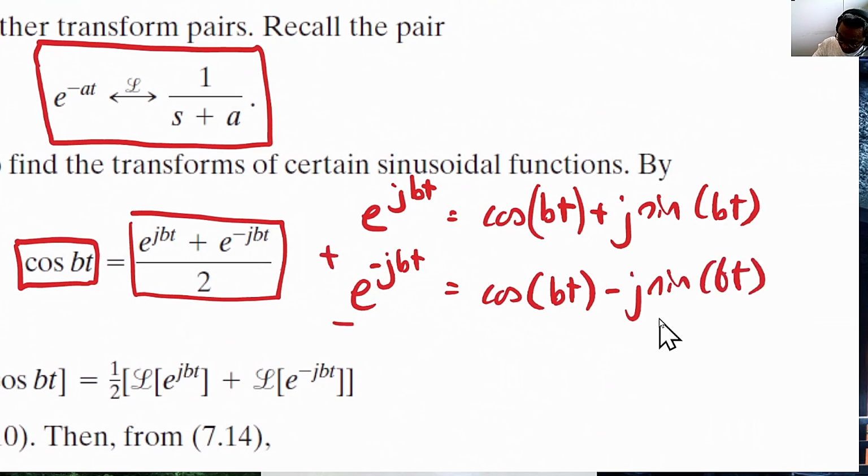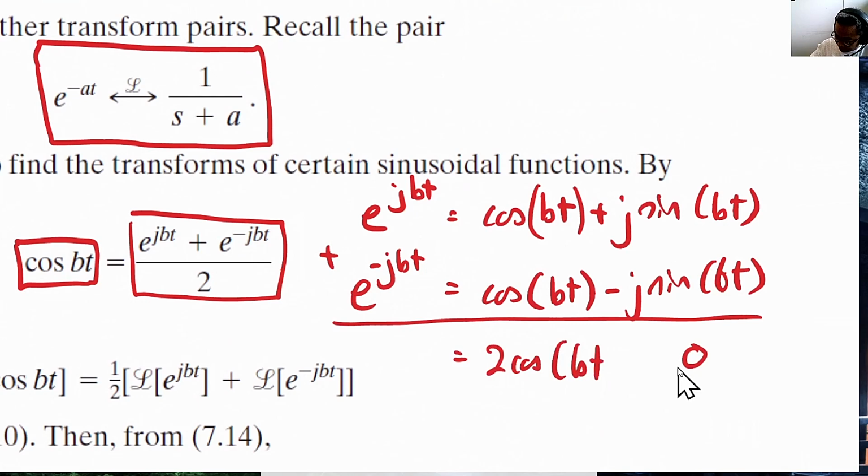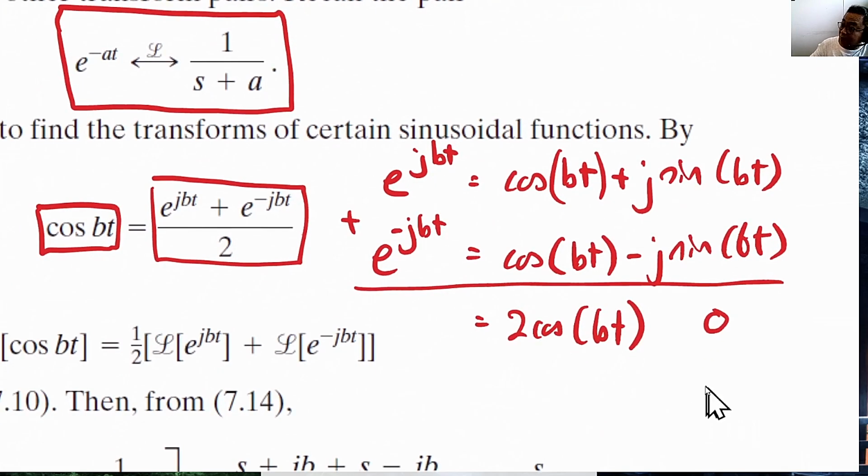When we add these two complex exponentials up, the imaginary part is 0, and we have 2 cosine bt equals the sum of e to the plus jbt plus e to the minus jbt. So this is how we got the expression on the left here.